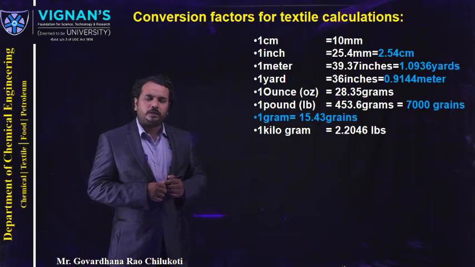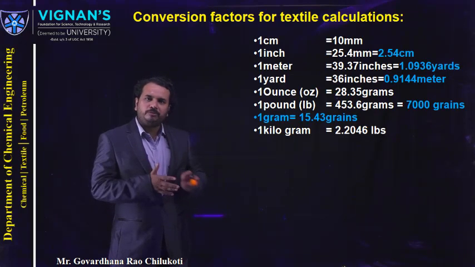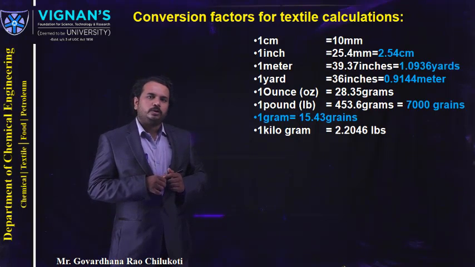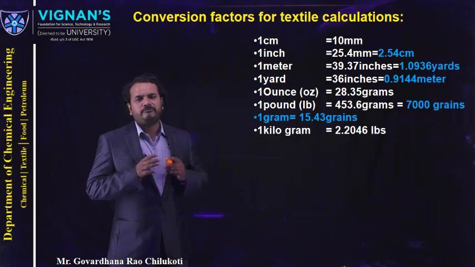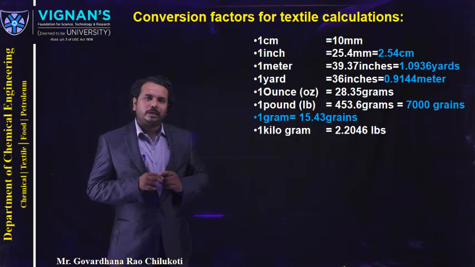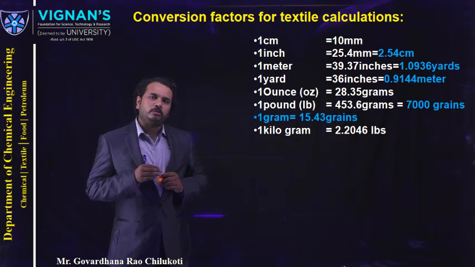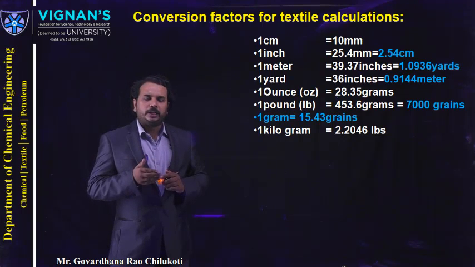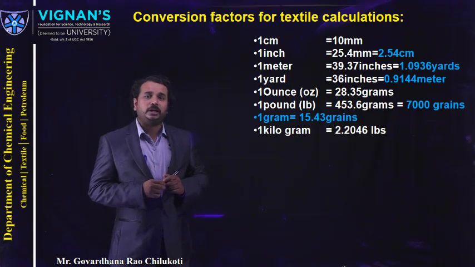As well as in weaving, we have some calculations to calculate the production of the weaving machines. These conversion factors are very important to evaluate the count calculations as well as the production calculations of the particular machines.